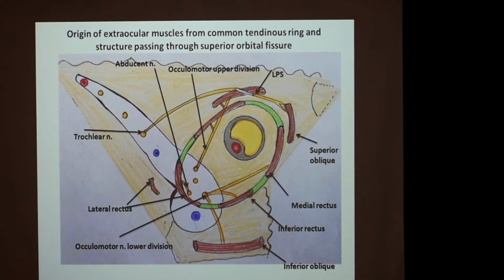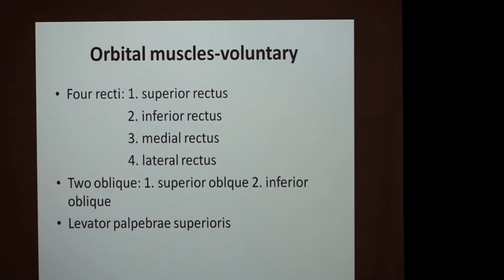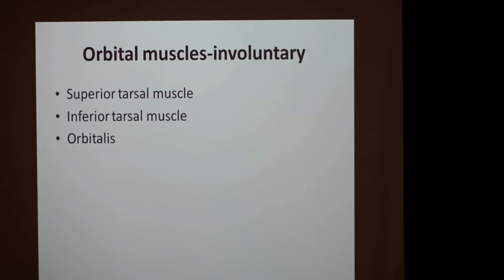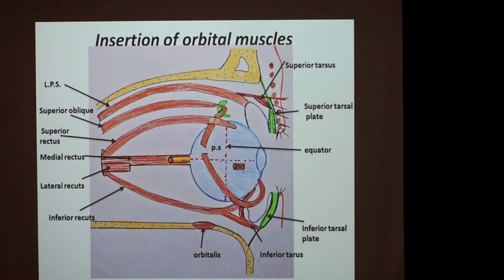Okay, now we discuss the remaining two muscles, that is the two oblique muscles, superior and inferior oblique muscle. First we try to locate them in this diagram. This is the superior oblique muscle and this is the inferior oblique muscle.